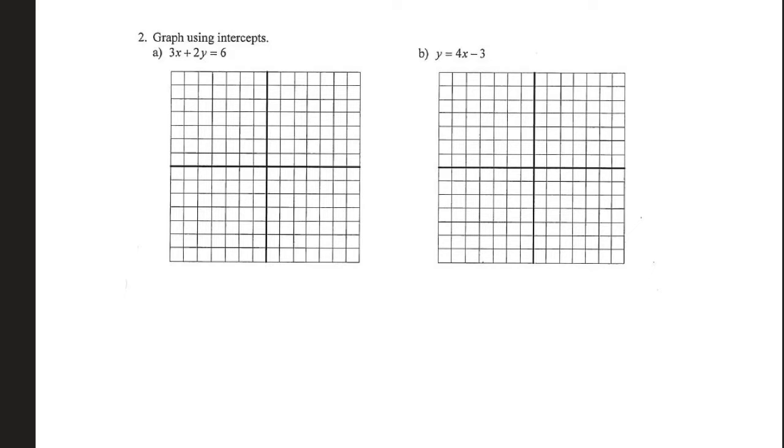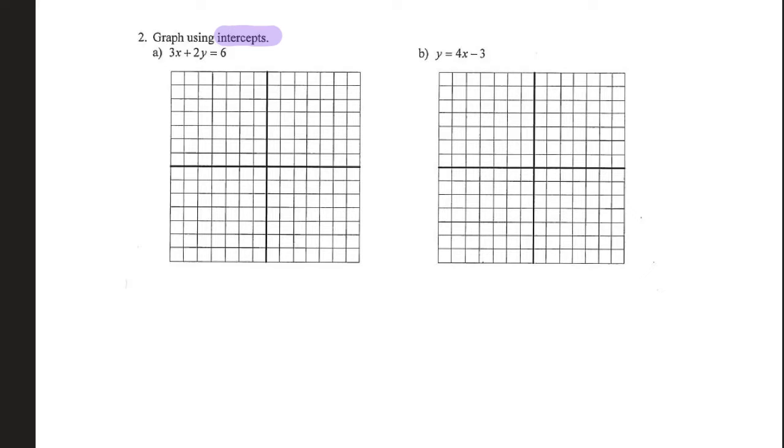Now, when we did tables of values, we recommended 3 points because sometimes we can make some mistakes. However, this is a method for when you don't make mistakes. So we want to limit it to 2 points. And most often the easiest points to find are the intercepts.